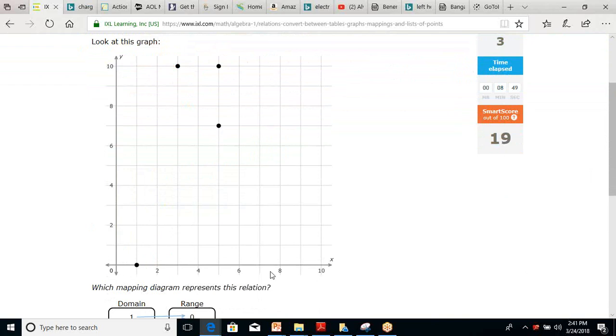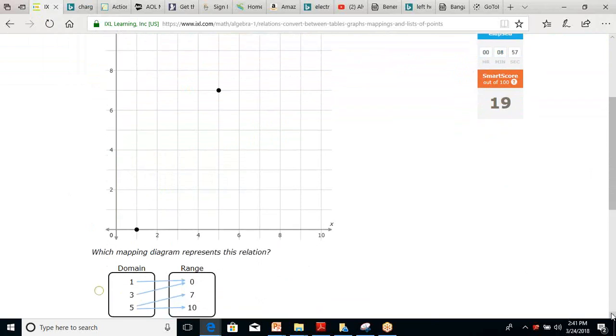First, you have to put the x, how much x, and how much y. So the x comes first, and then the y comes after. Okay? So for this point, the x would be 1 and the y would be 0. So the domain is 1 and then the y is 0.